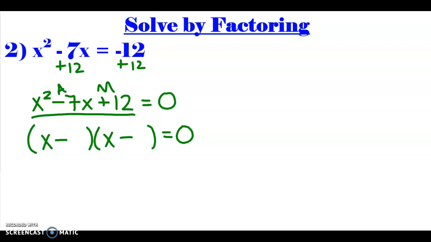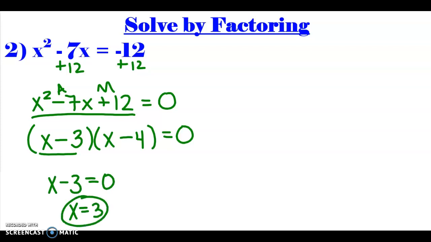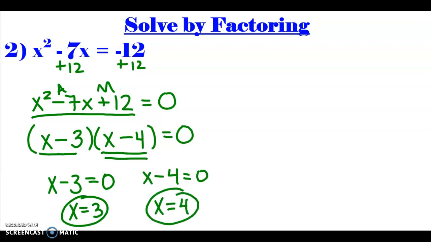Multiplies to give me 12, adds to give me -7 is going to be -3 and -4. So then my first factor, x minus 3, if that's 0, then x is going to equal 3. My second factor, if x minus 4 equals 0, my other solution is going to be 4.